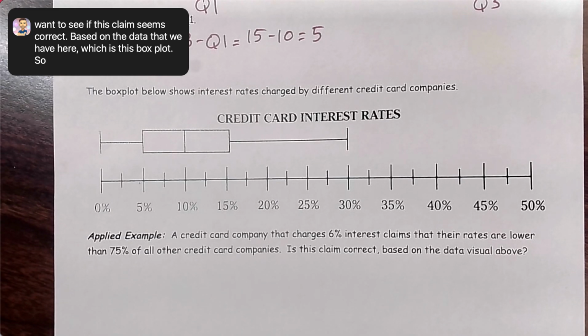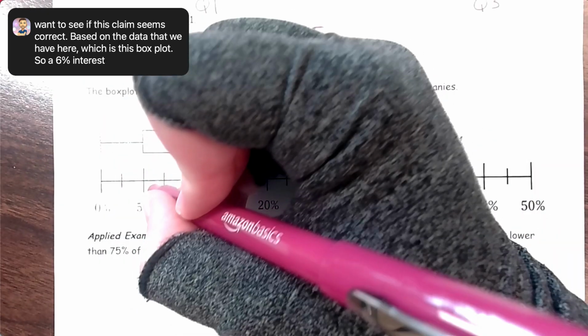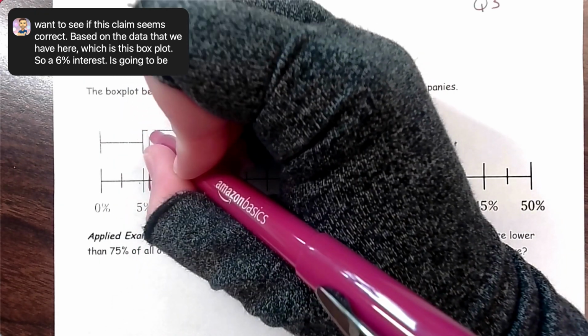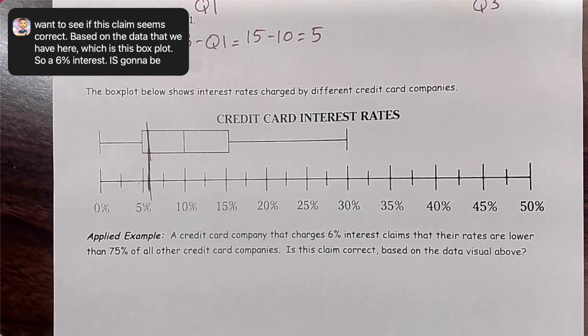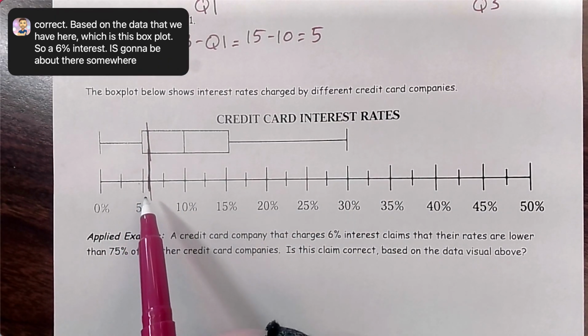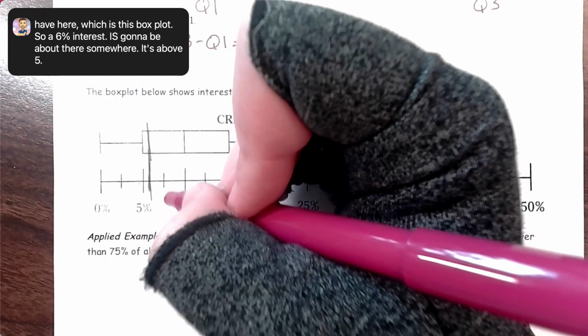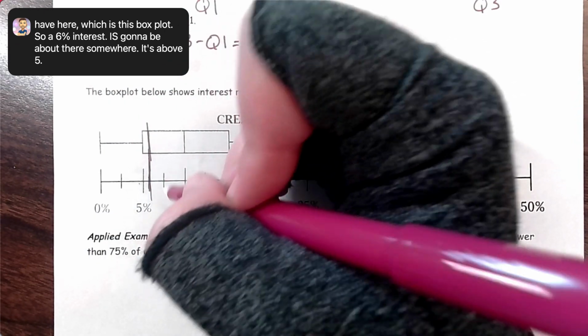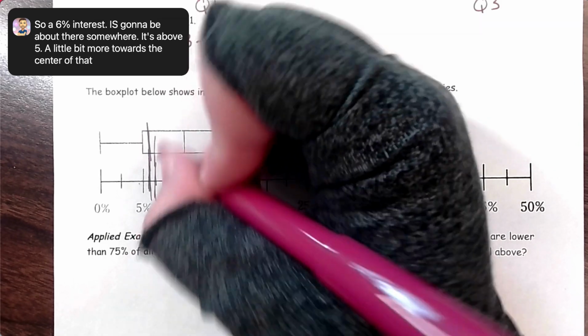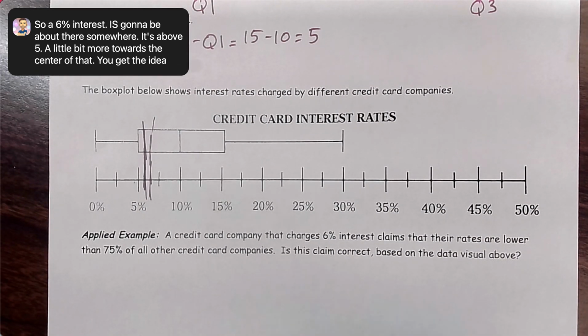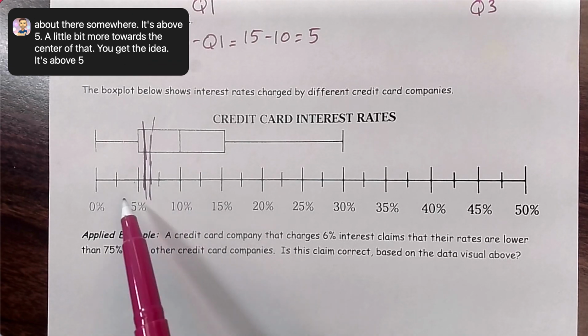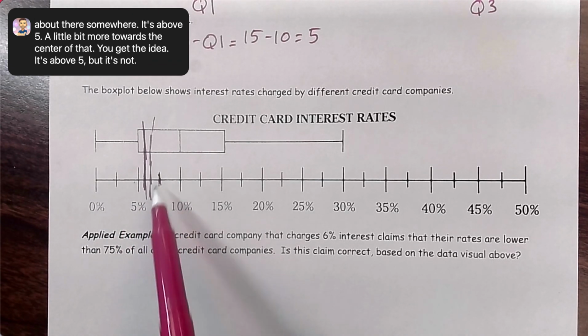So a 6% interest is going to be about there somewhere. It's above 5. Well, yeah, a little bit more towards the center of that, but you get the idea. It's above 5, but it's not quite to there yet.